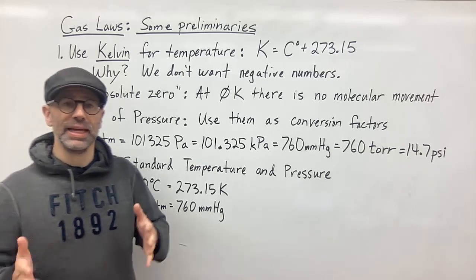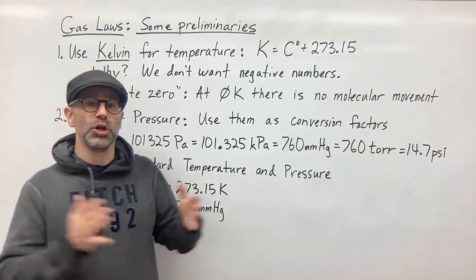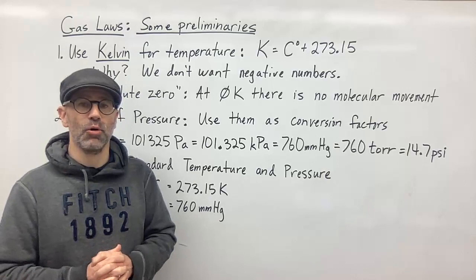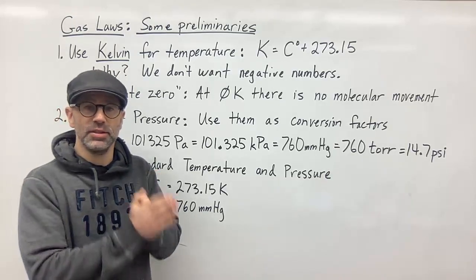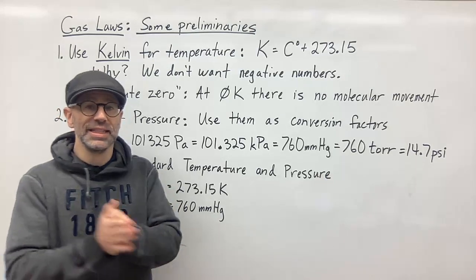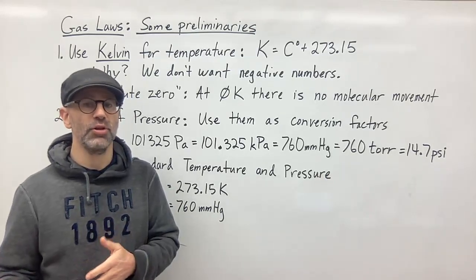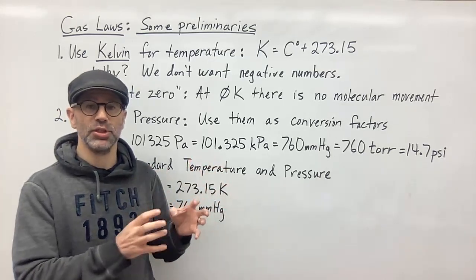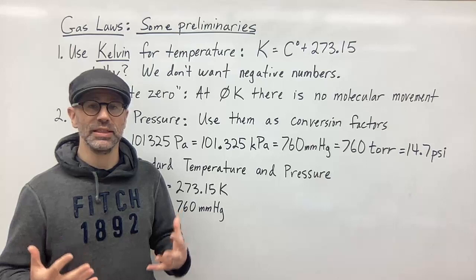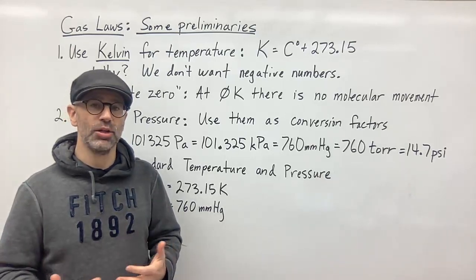When we link the movement of particles to temperature, we've learned before that according to kinetic molecular theory, temperature is linked to the speed of molecules. Faster molecules are at a higher temperature. So if you raise the temperature, you are increasing the speed, or the kinetic energy, of the molecules.